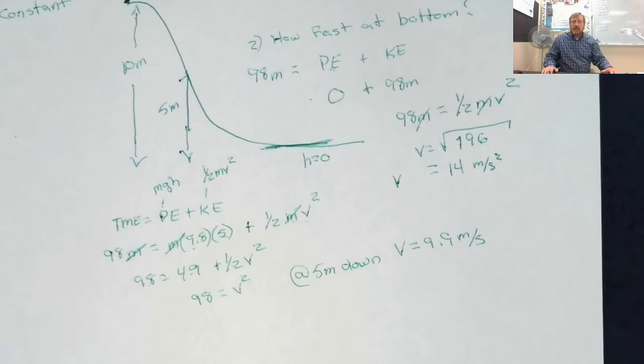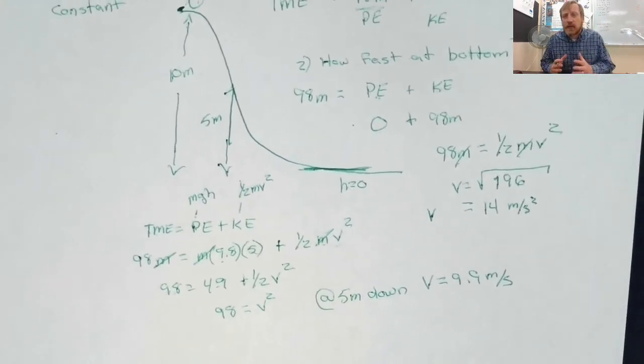And so conservation of energy is a super powerful tool for us to find these velocities in friction-free environments, because it's so much easier than kinematically trying to solve these problems. Sure, you could solve this kinematically. You certainly could.